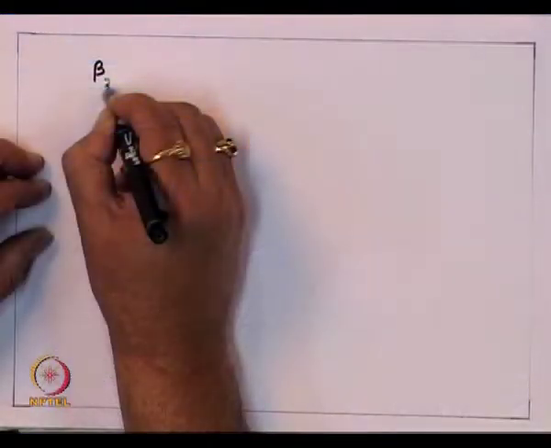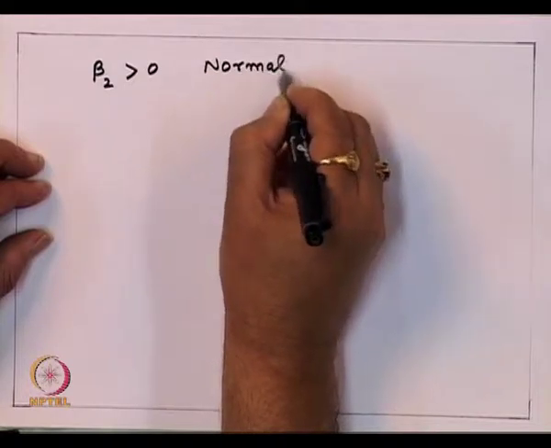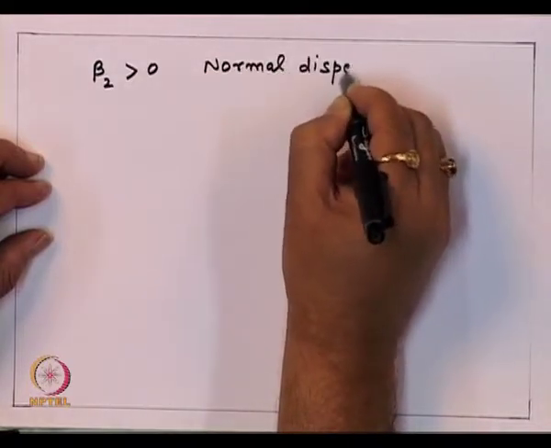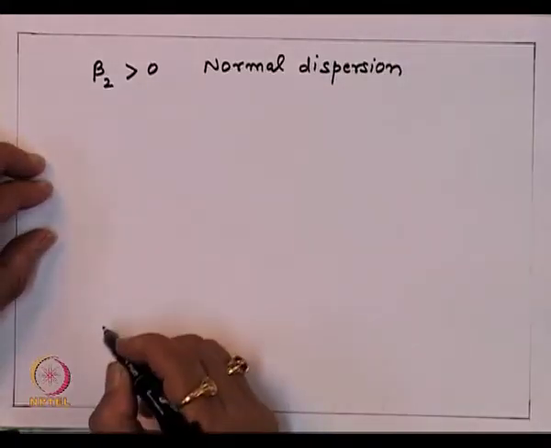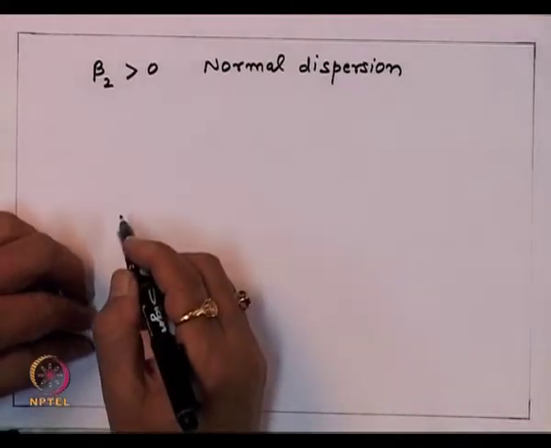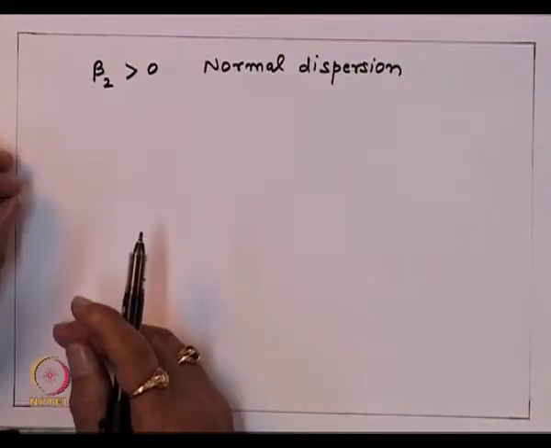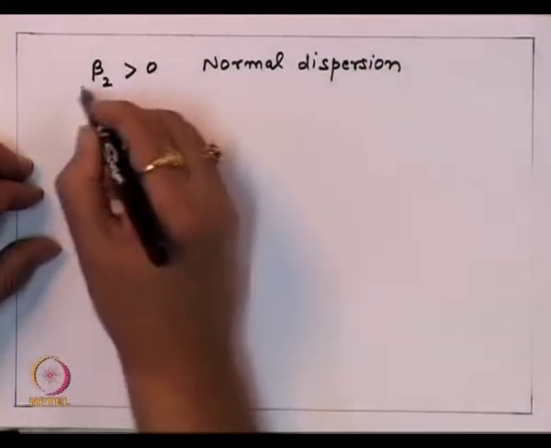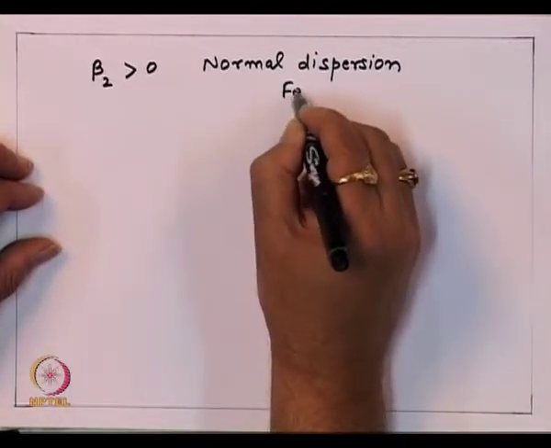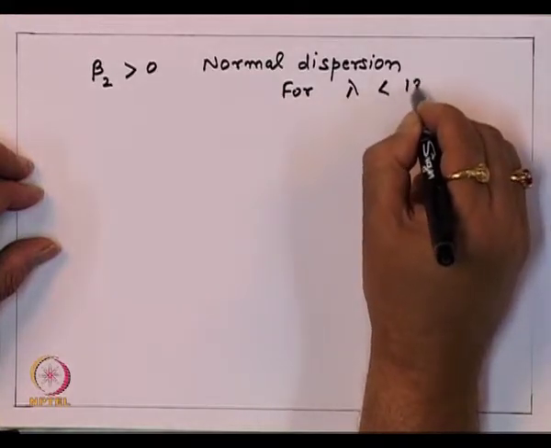So, inside the optical fiber, we see beta 2 greater than 0, this we call the normal dispersion. If you look at the refractive index curve for optical fiber, this happens for wavelength lambda less than about 1300 nanometer.